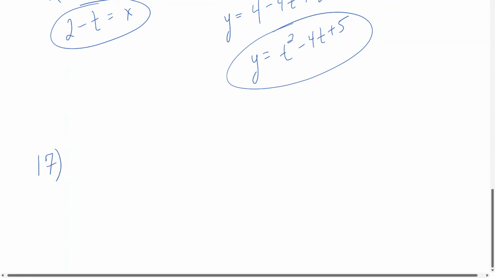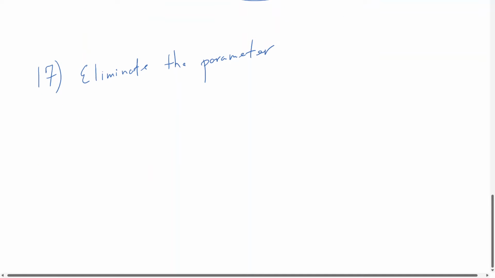This is 17, eliminate the parameter. This is x parametric equation is 1/4 t, and the y parametric equation is t squared.